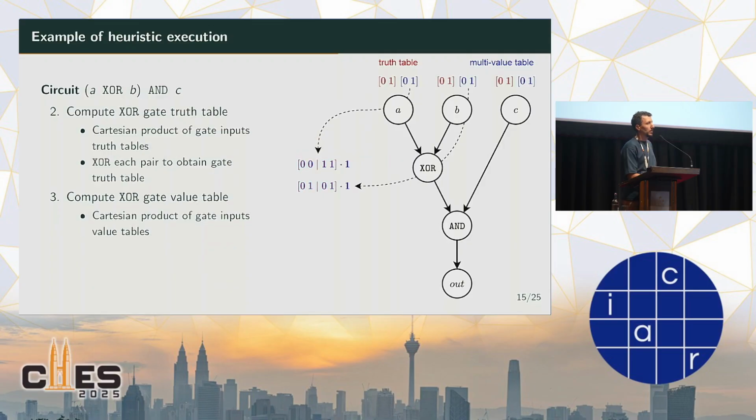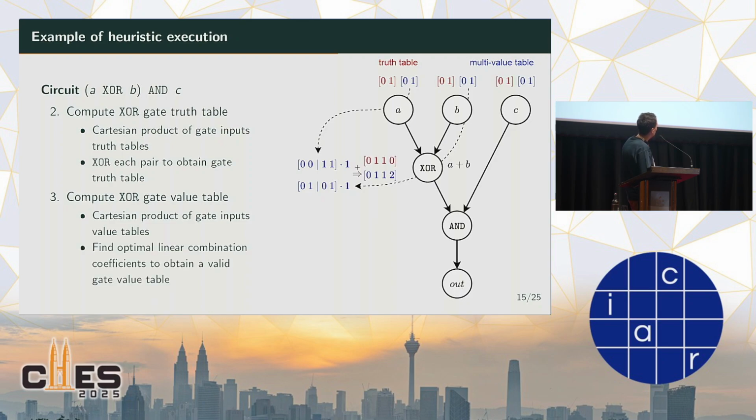And we do the same thing for the multi-value table. We do the canonical product of the two inputs' tables, and we combine them using the coefficients of a linear combination. We'll speak later about how we find these combinations, but for now, suppose that someone gives them.